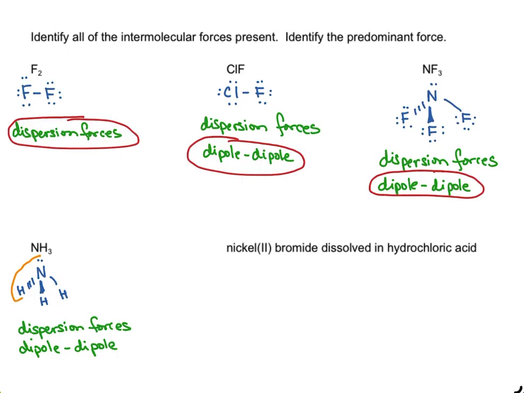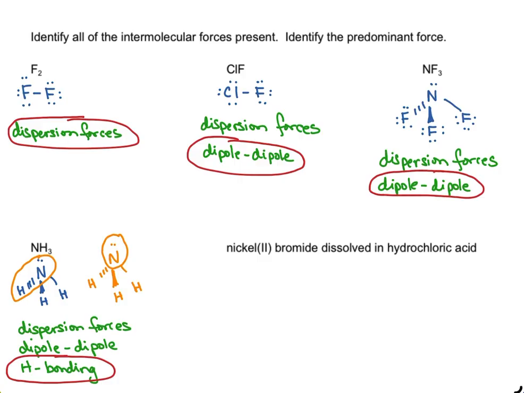It has a hydrogen that's bonded to a nitrogen or an oxygen or a fluorine, and this NH3 can form an attraction between another NH3 molecule, and this molecule has a lone pair of electrons on nitrogen. So this type of force is called hydrogen bonding forces. Between these 3 forces, hydrogen bonding is going to be the predominant force.